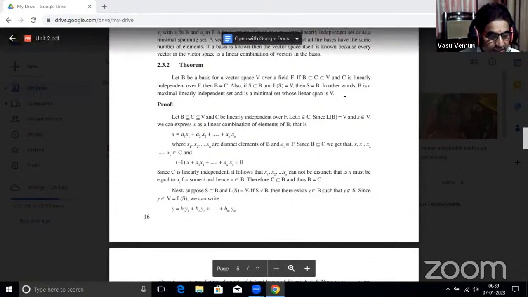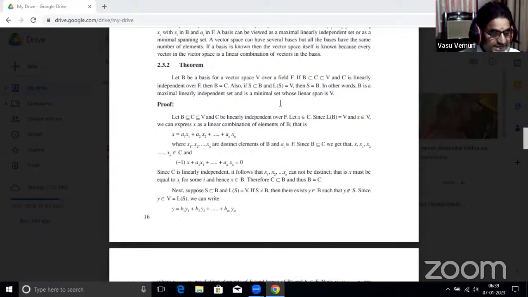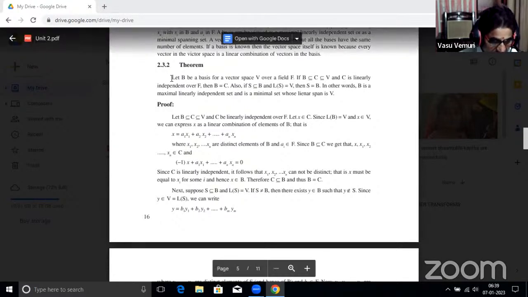Now in other words, B is a maximal linearly independent set, and it is a minimal set whose linear span is V. Okay, this is also another one. This theorem has two parts.